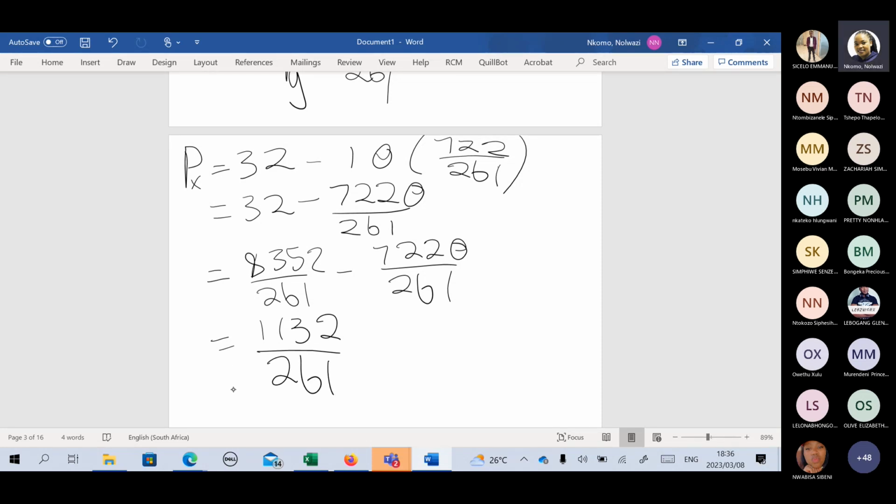Okay, please check this one for me if it does give the same answer as this one. I'm just trying to avoid using decimal places.